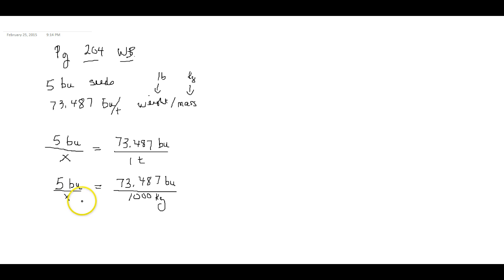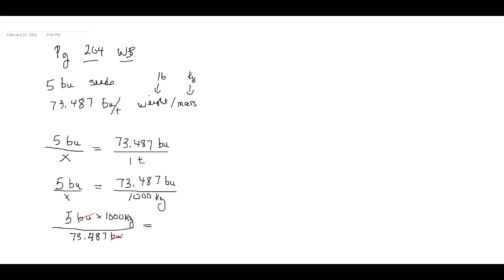I'm going to cross multiply and divide. I take 5 bushels, multiply it by 1,000 kilograms, and I divide it by the number of bushels in that 1,000 kilograms. Notice that my units of bushels will cancel, and so I'm going to calculate 5 times 1,000 and then divide it by 73.487.